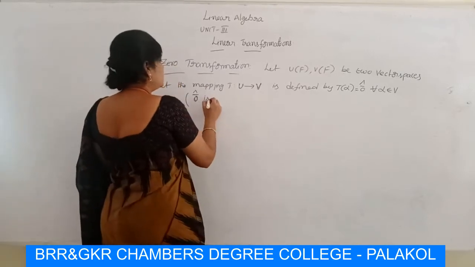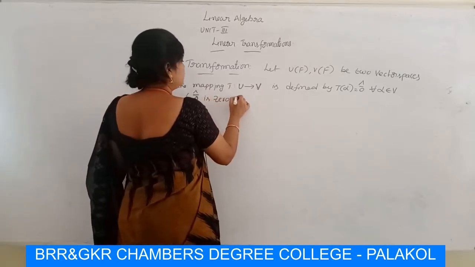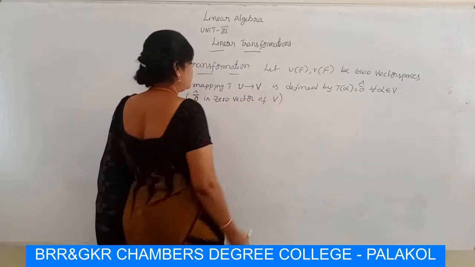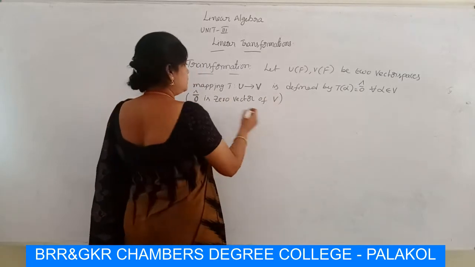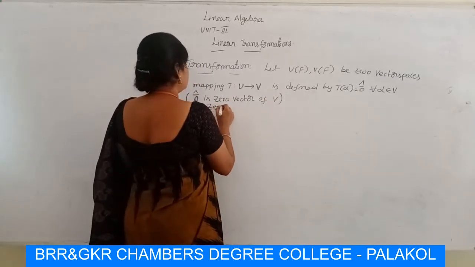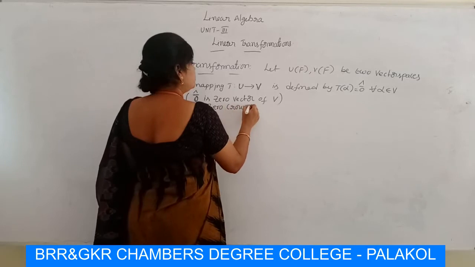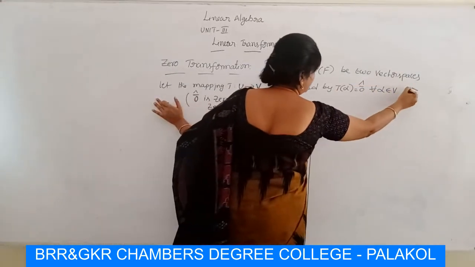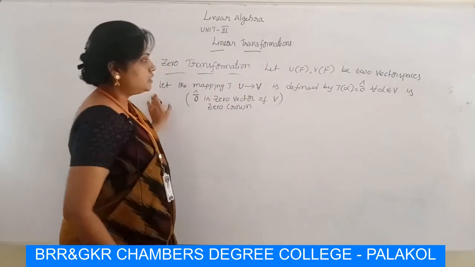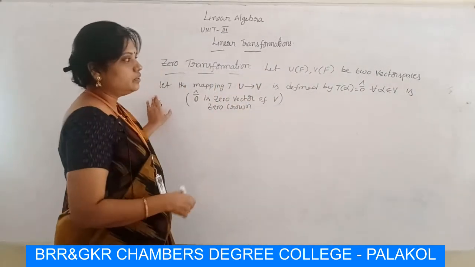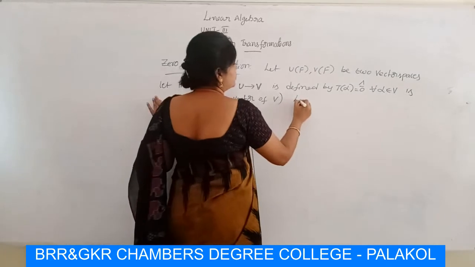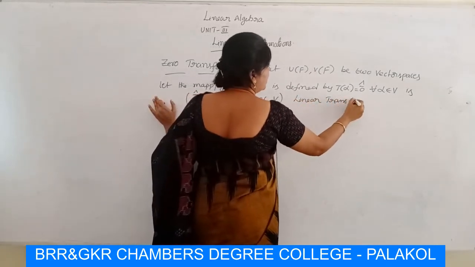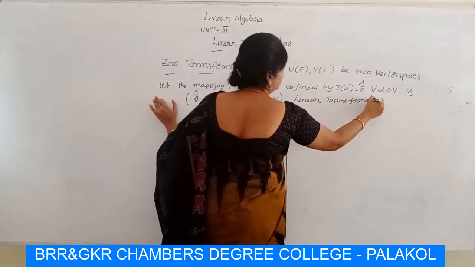So it is the zero vector of V, called 0 crown. For all alpha belongs to U, the mapping defined by T of alpha is equal to 0 crown is a linear transformation. So we have to prove this is a linear transformation.